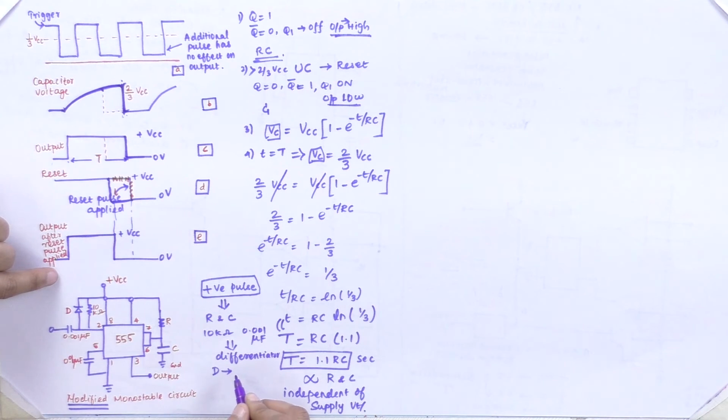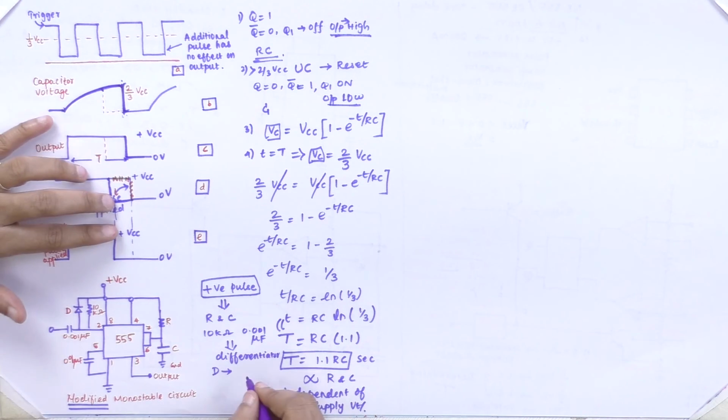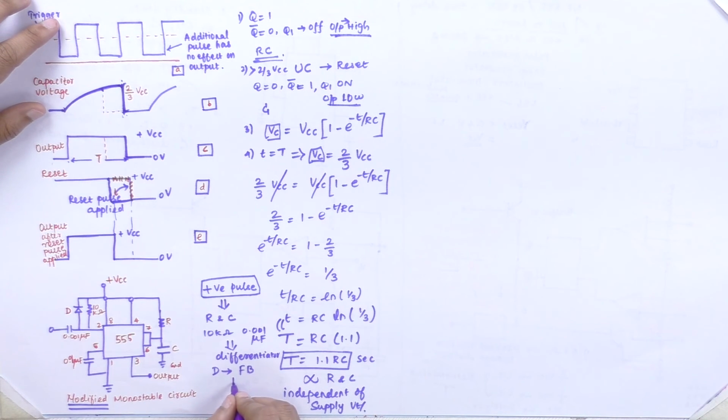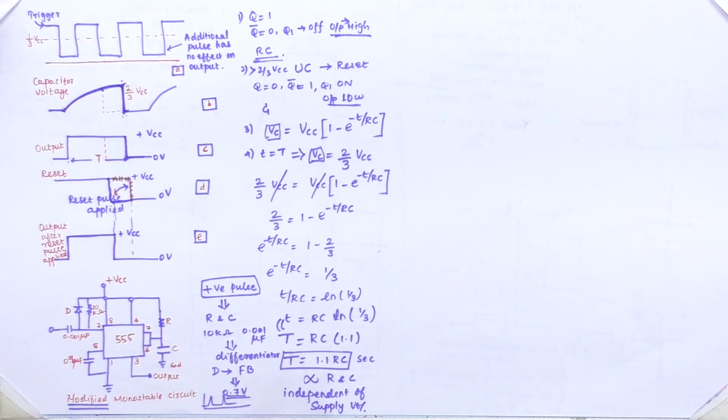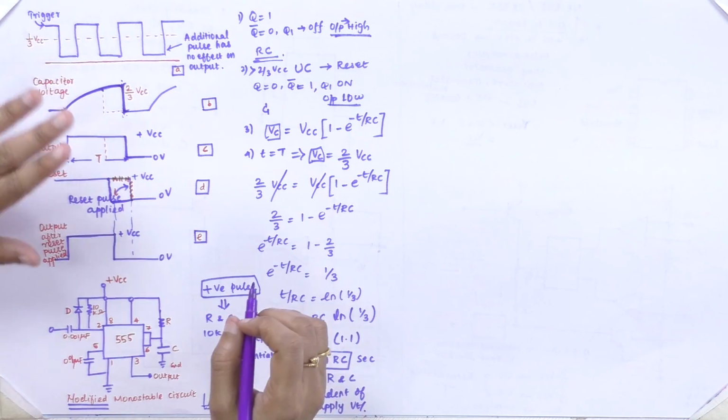So this diode works only in the forward bias region, and it allows a maximum amplitude of 0.7 volt. So when you apply the positive pulse, it gives 0.7 volt as the input amplitude of that diode. It limits the amplitude.